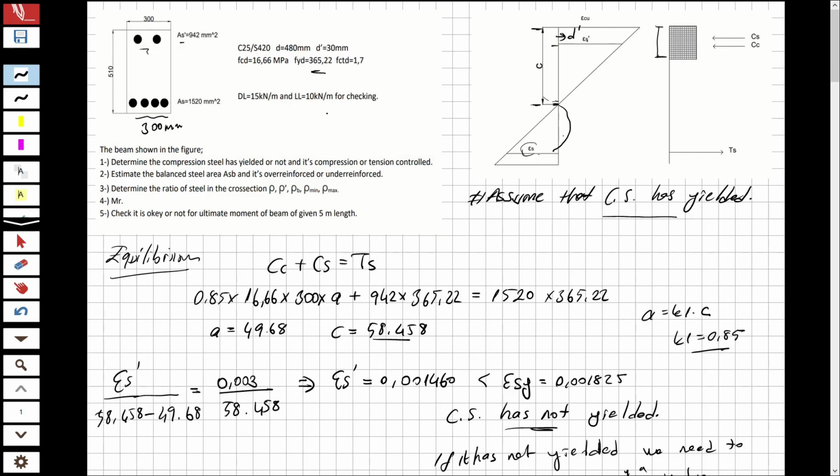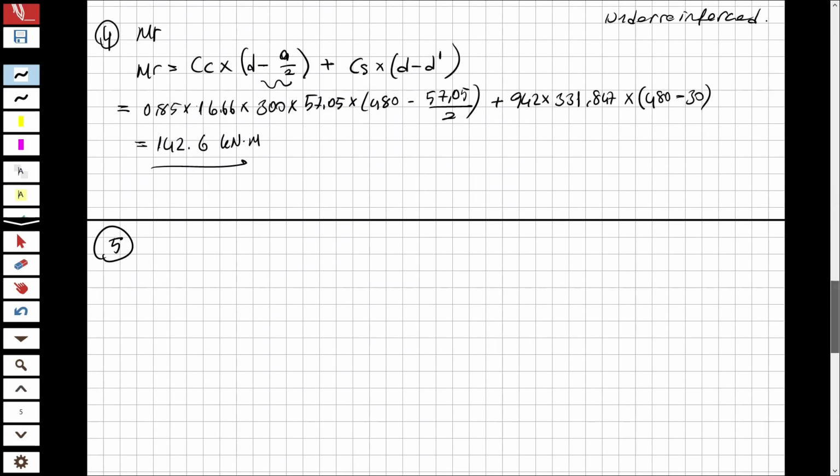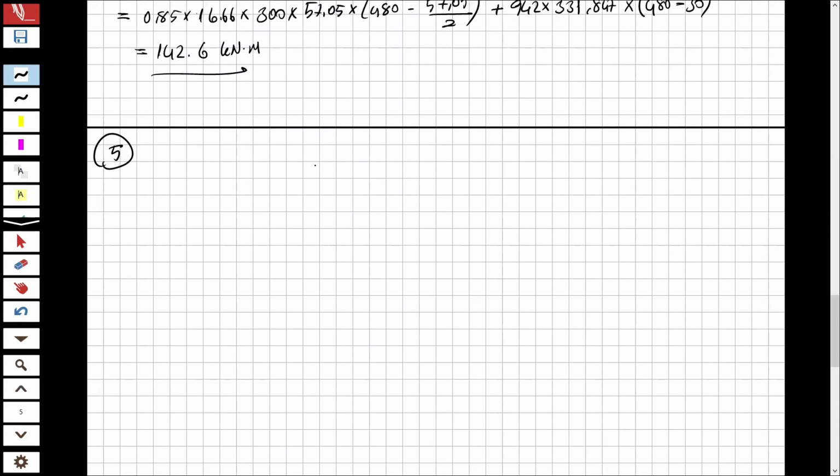It is normally simply supported, but I couldn't draw it here, so I'm going to draw it at this place. For example, this is our beam. This is 5 meter length, and we have a dead load of 15 kilonewton meter and a live load of 10 kilonewton meter.